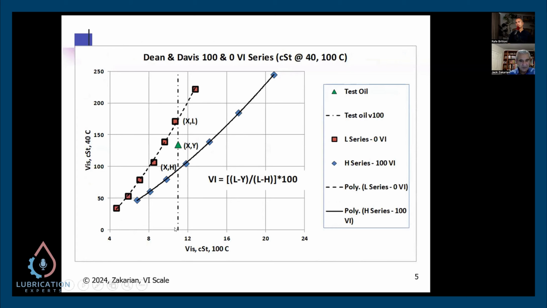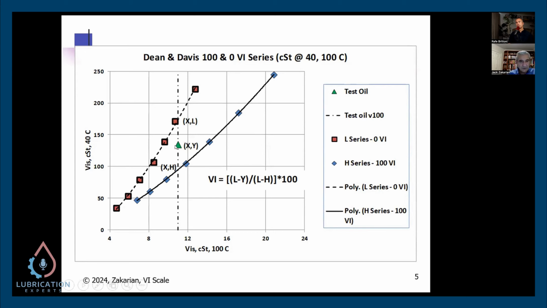So X would be the viscosity at 100, Y is the viscosity at 40. So if you have an oil at those two viscosities, you compare it to what we call the H and the L series. So these blue triangles, that's the high viscosity index series, VI of 100. These red squares are the low viscosity series.